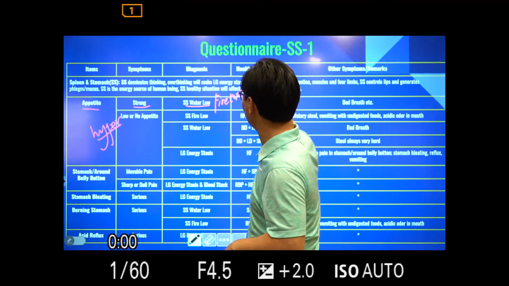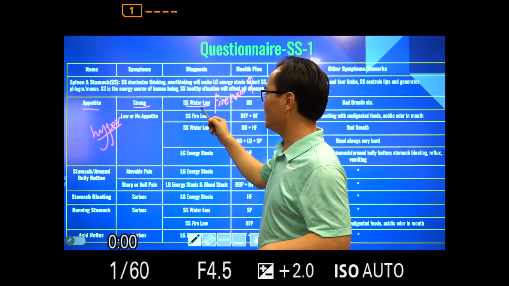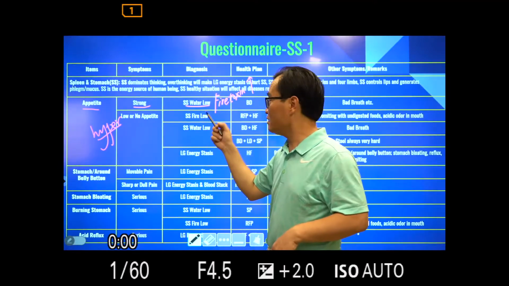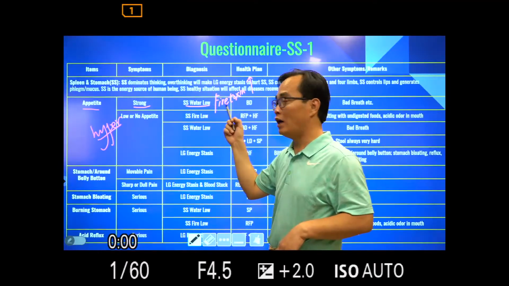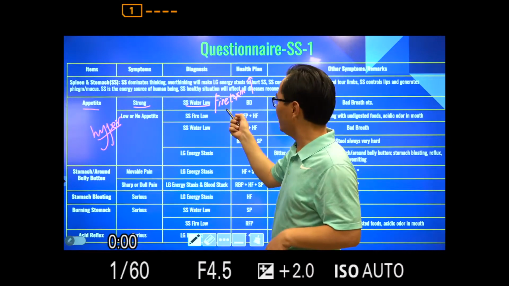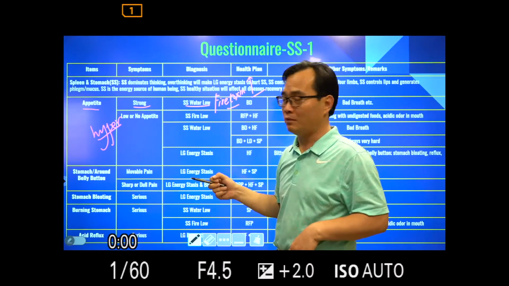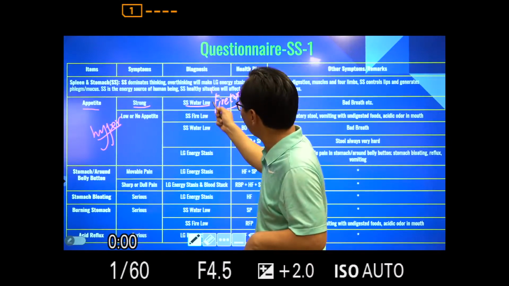Fire toxin high. Generally, when we mention SS water immunity low, SS water low, it means the fire toxin is high.